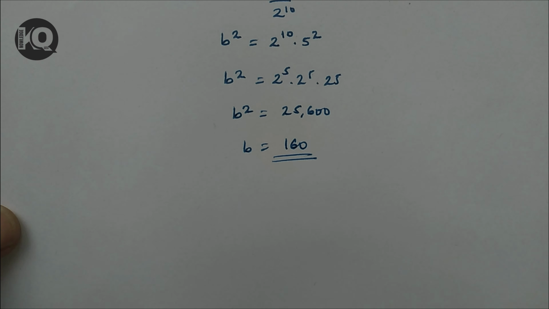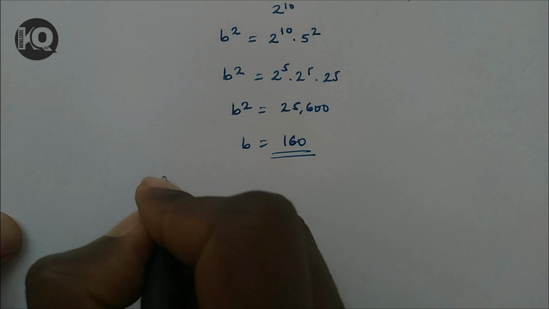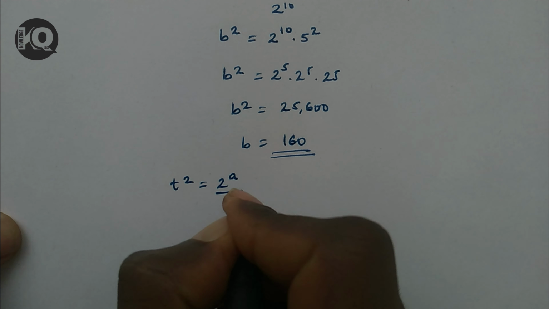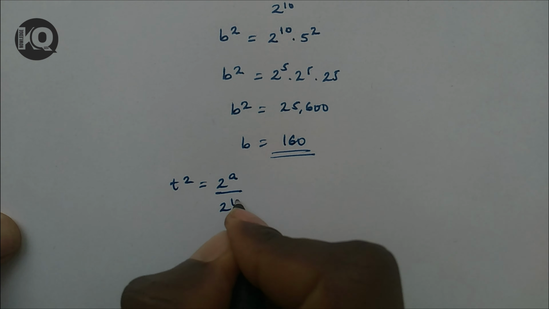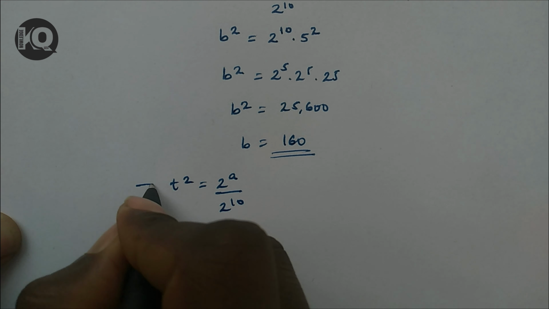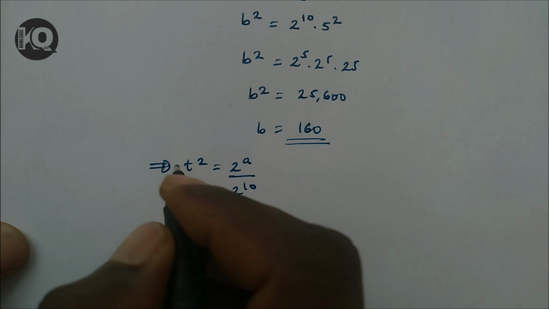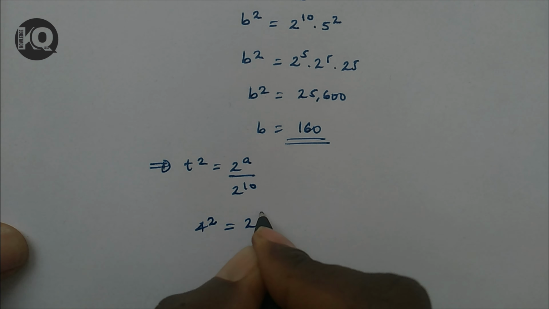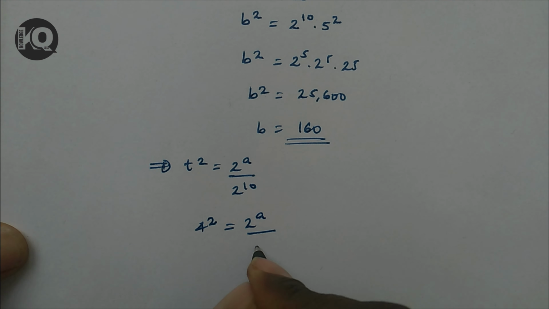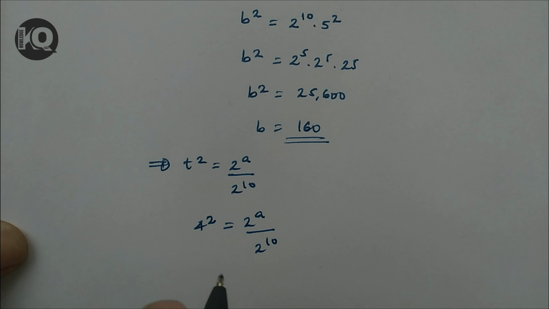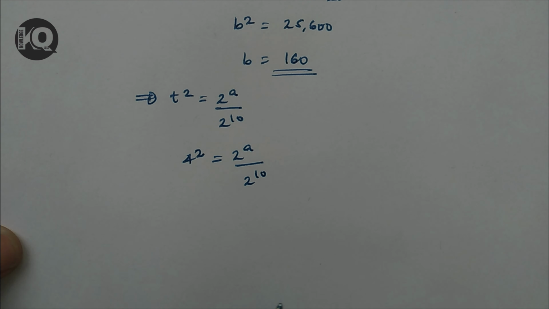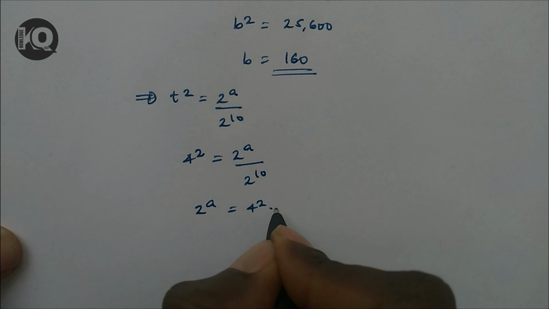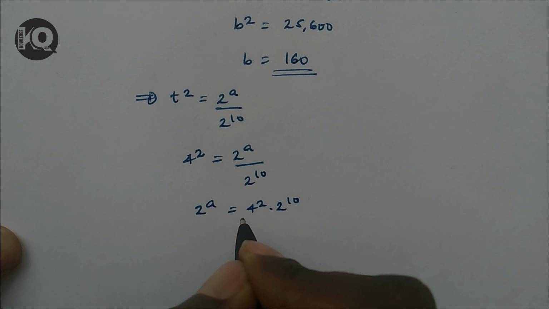And from equation 3, t square is equal to 2 to the power of a divided by 2 to the power of 10. So t is 4, 4 square is equal to 2 to the power of a divided by 2 to the power of 10. So from here, 2 to the power of a is equal to 4 square times 2 to the power of 10.